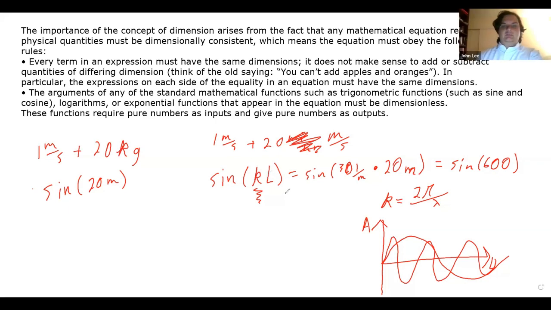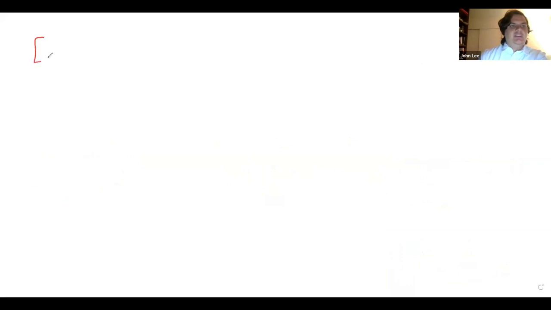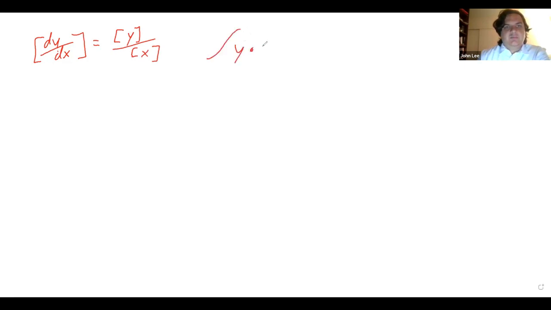And then last thing about dimensional analysis is just that the units of dy/dx are going to be equal to the units of y over the units of x, and the units of the integral of y dx is going to be equal to the units of y times the units of x.